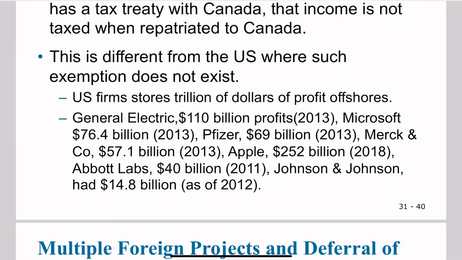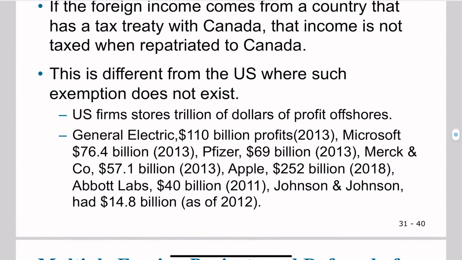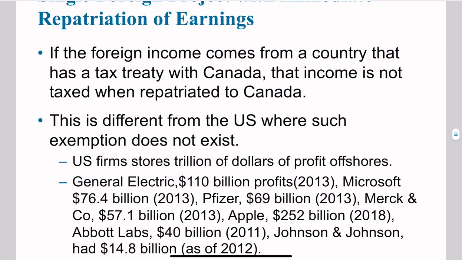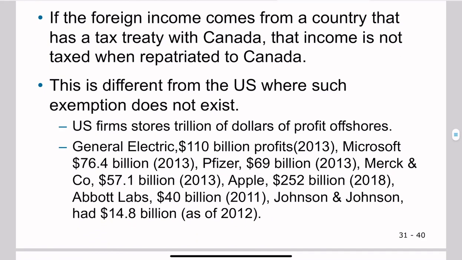The other example is the US. So remember that in Canada, if the foreign income comes from a country that has a tax treaty, then the income will not be taxed when repatriated to Canada. But such treatment does not exist in the US, right?